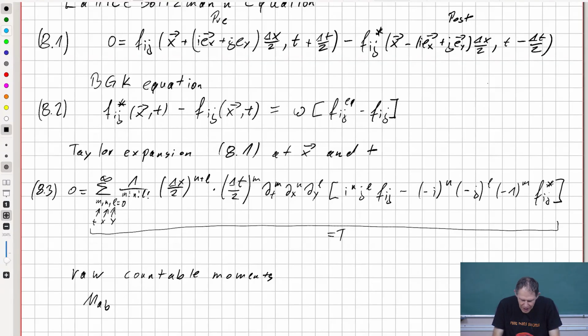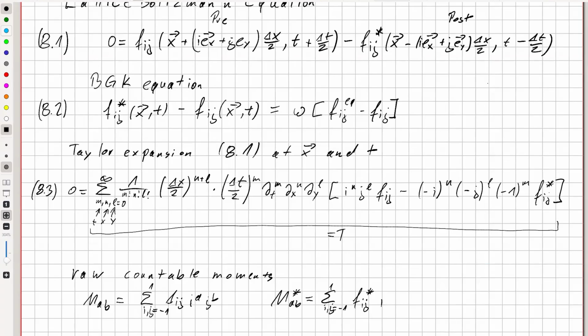So therefore, raw countable moments. Again, you have seen this many times now. We sum from -1 to 1 over f_ij, i to the power of a, j to the power of b. This is the pre-collision state, and we can do the same thing for the post-collision state, which is simply the same thing just for the post-collision populations.